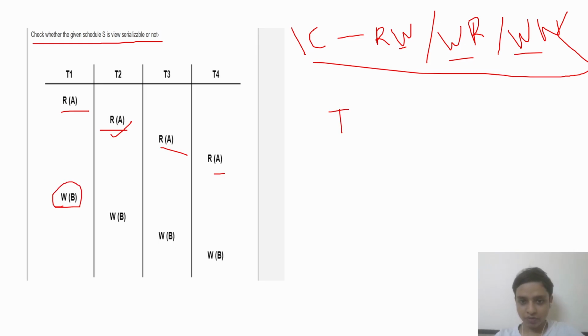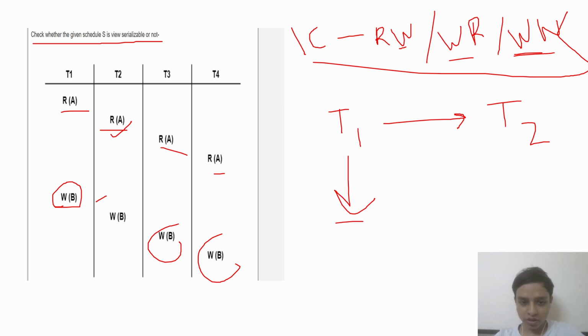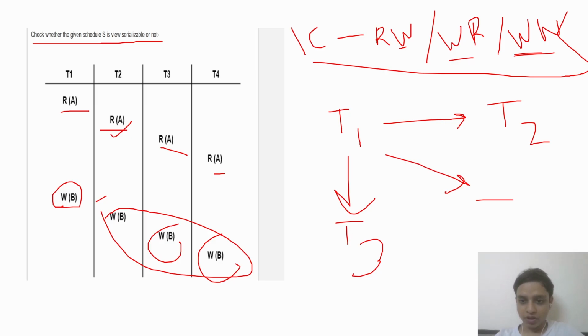Okay, now we have something interesting. We have a WW conflict here, as T2 writes B, T3 also writes B, and T4 also writes B. So there will be three arrows from T1, towards T2, then towards T3, then towards T4, because after T1, three transactions write the value of B. So there should be three conflicts, three WWs for T1.